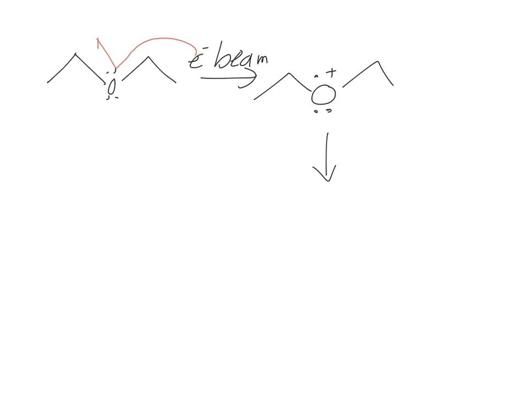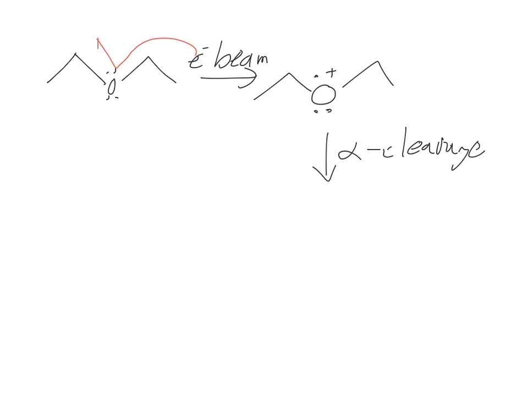So alpha cleavage. That means we're breaking the bond to the alpha carbon. The alpha carbon is defined as, if this is our functional group, either of these is an alpha carbon, and then this is a beta carbon. So I purposely made this ether symmetrical so it doesn't matter which side I choose.